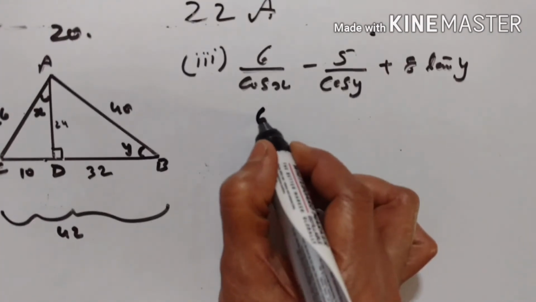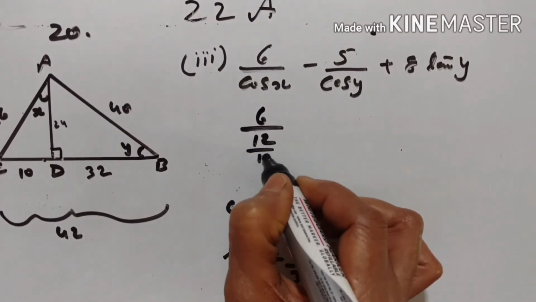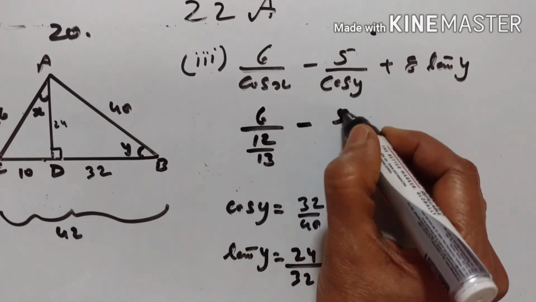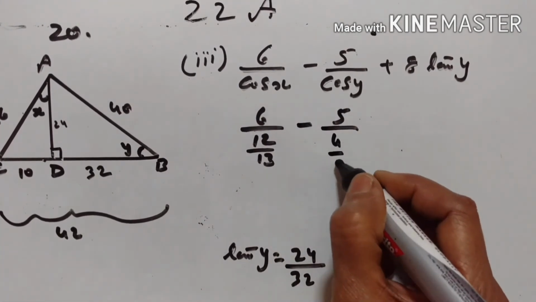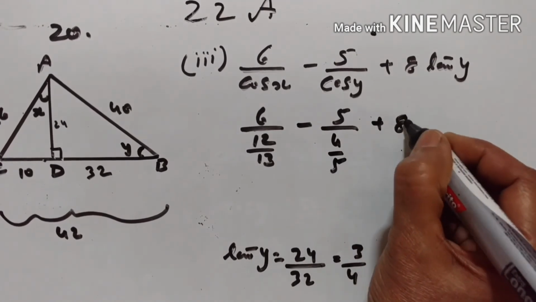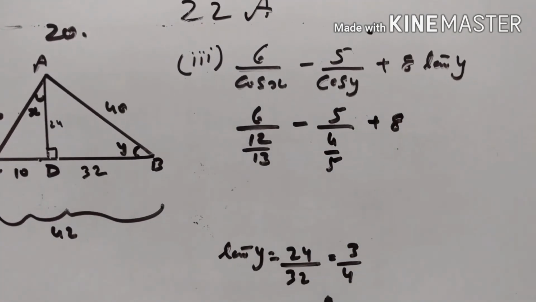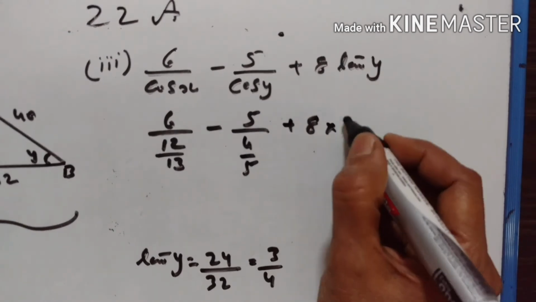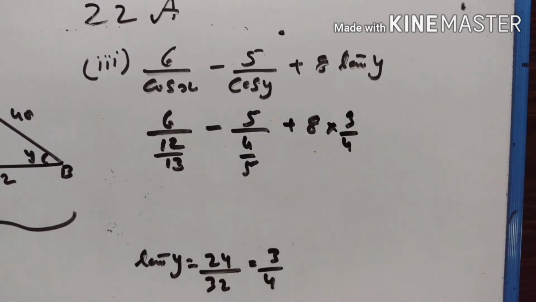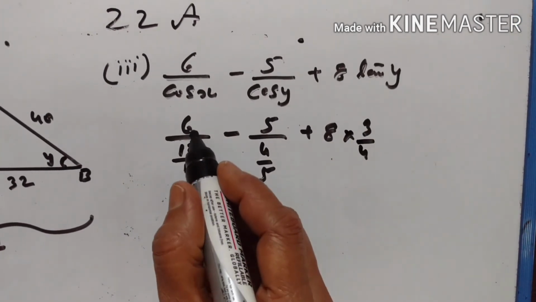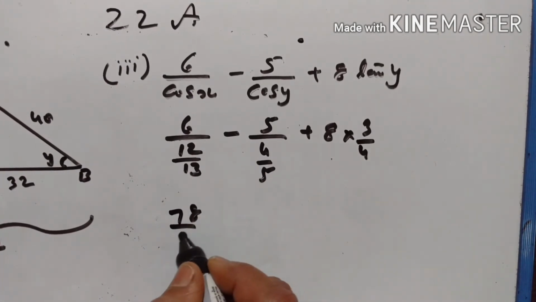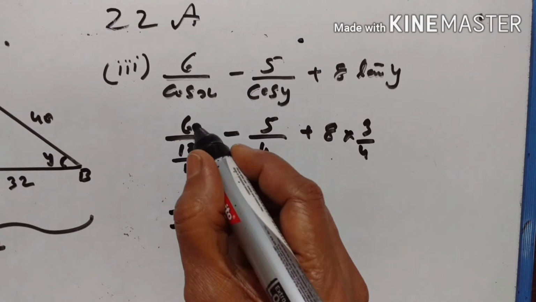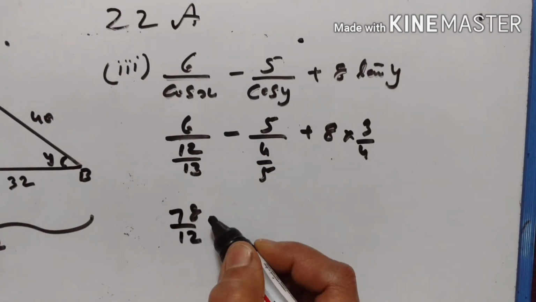So 6 upon 12 upon 13 minus 5 upon cos y, where cos y is equal to 4 upon 5, plus 8 into tan y, where tan y is equal to 3 upon 4. 13 goes to the numerator. 78 upon 12. 13 into 6 is equal to 78.